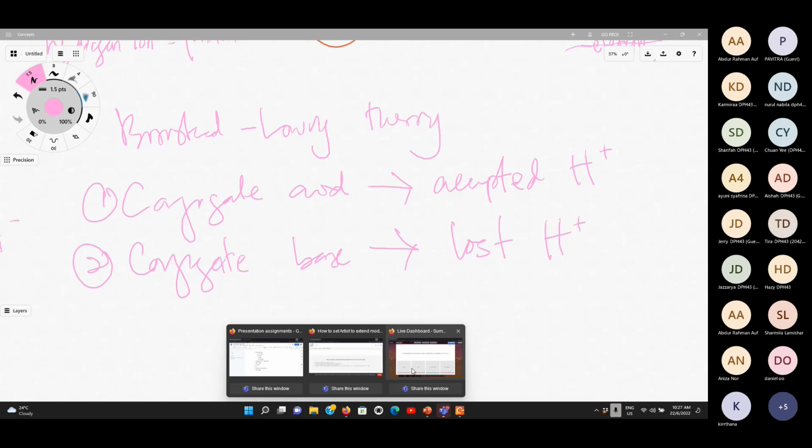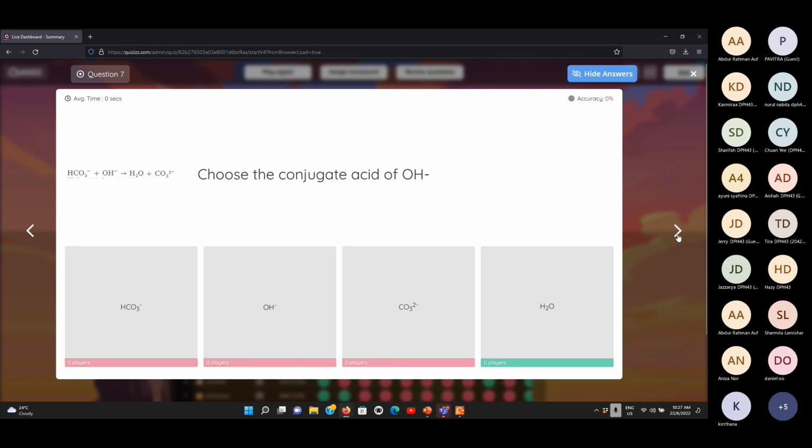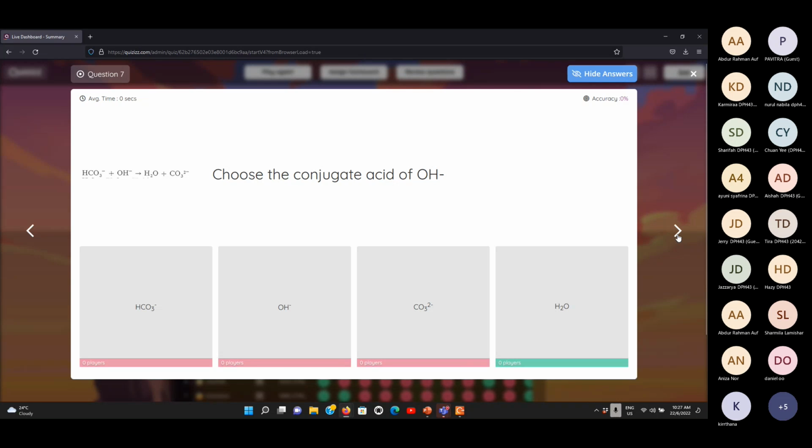Okay, next question. Okay, another chemical equation. H2O minus, HCO3 minus, banyak kali saya silap sebut ni. HCO3 minus tambah OH minus reacted with each other and they produce H2O, water dan carbonate ion. So dia cakap kat sini, choose the conjugate acid of OH minus.